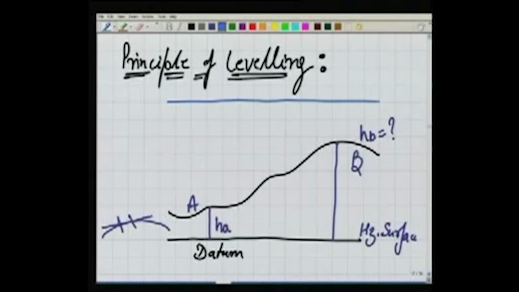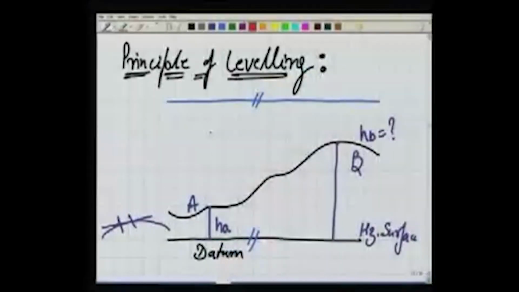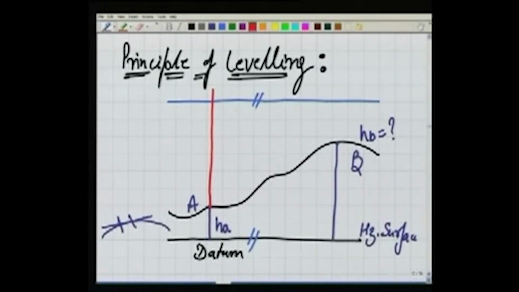Now in order to do that, if somehow I can establish a line which is parallel to my datum, somehow I am saying, we will try to see how we can establish that. If I can establish a line which is parallel to my datum, as well as if I can also determine somehow how much is the value of this A dash and B dash.